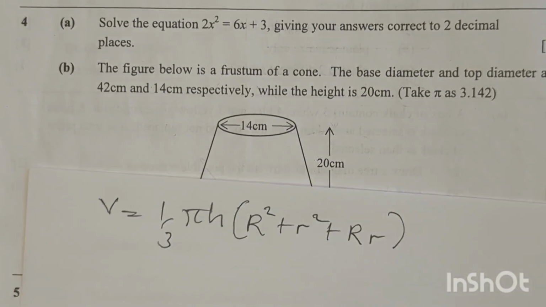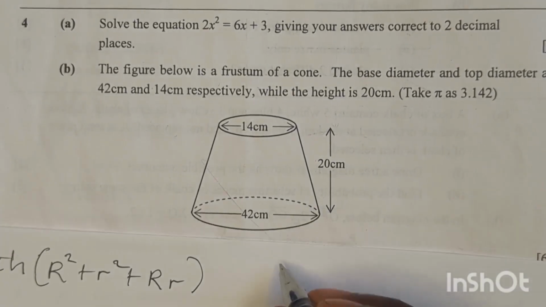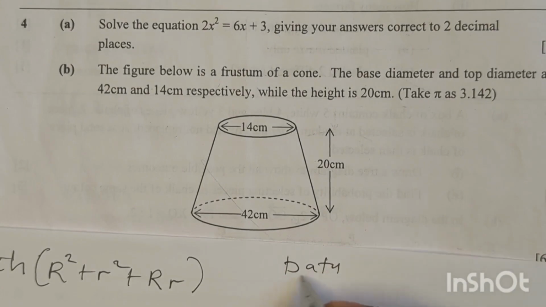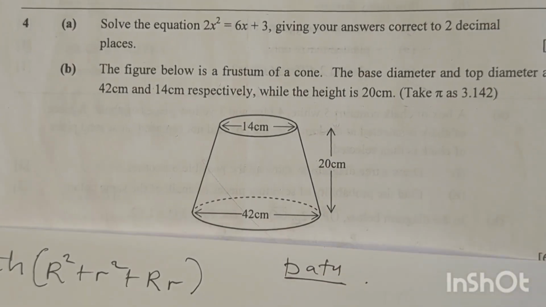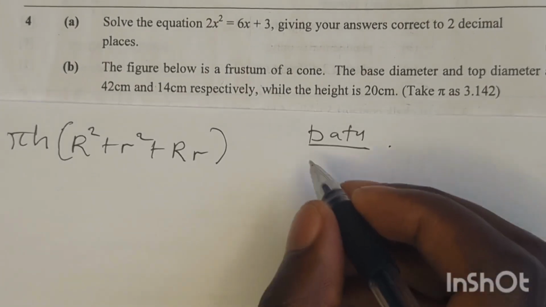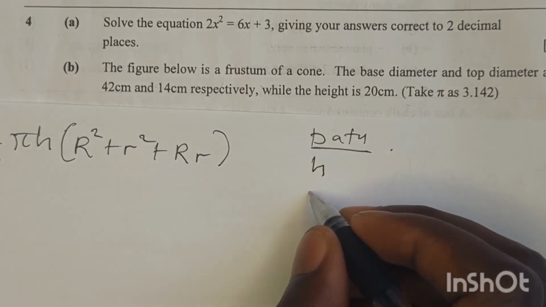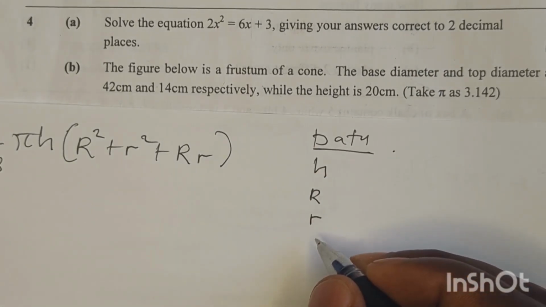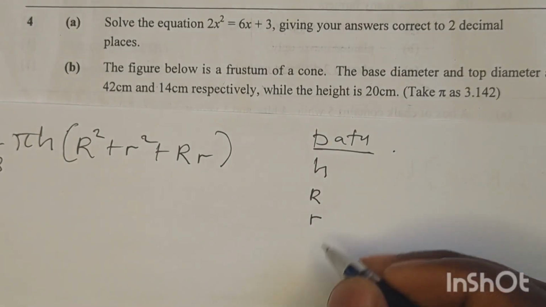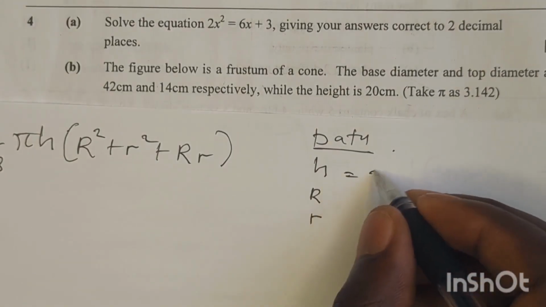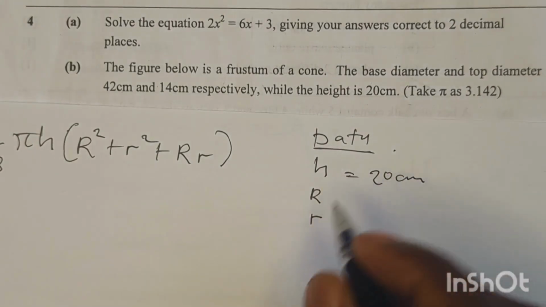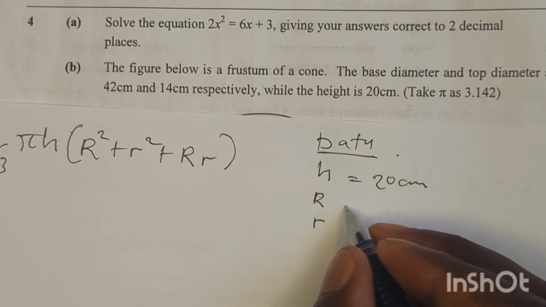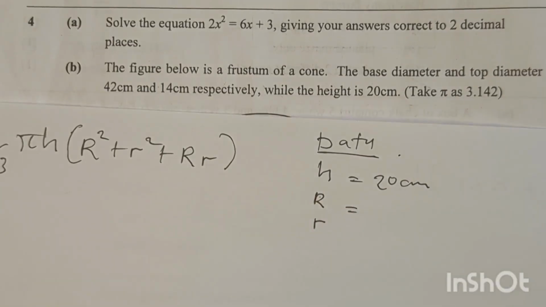Now, to proceed with this, we need to collect data. So on our formula here, we have height, capital letter R and small letter r. The pi has been given. The height is 20 centimeter. Capital letter R represents the radius of the big base.